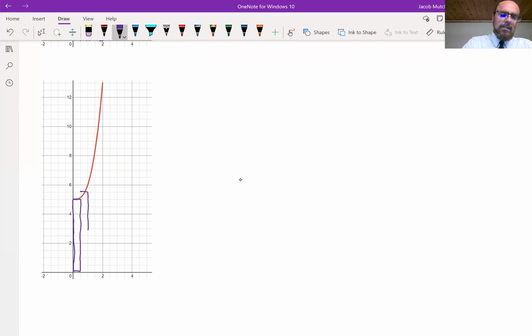So I'm just placing the midpoint of each rectangle. Notice this is really splitting the difference. It is attempting to account for the overestimate of the right one and the underestimate of the left endpoint, and hopefully come up with a better approximation. So let's announce this as the midpoint Riemann sum.